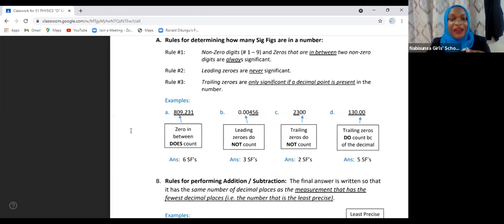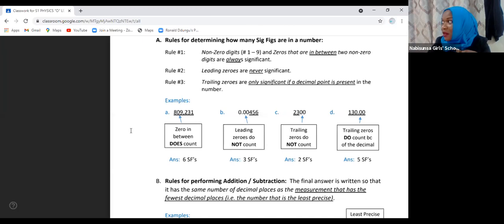So the condition is they should be trailing zeros. They should be at the right-hand side. They should come after non-zero digits. I'm using those three phrases assuming that they mean the same thing: trailing, coming after, being at the right-hand side.